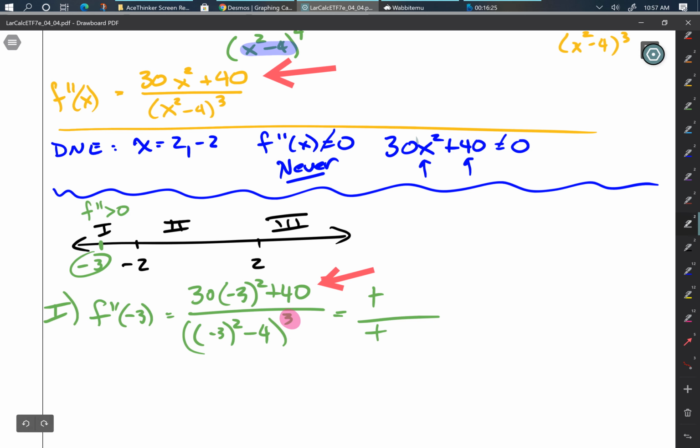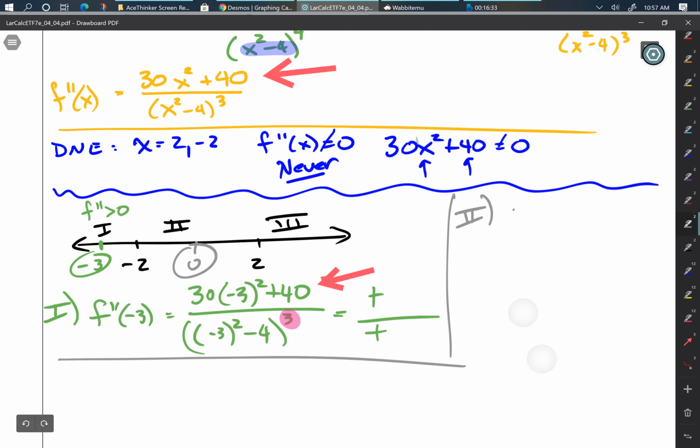Now we'll check interval number 2. I'm going to use 0 because why not? What is f double prime of 0? Well, I know it's going to be positive over something. Downstairs is going to be 0 squared minus 4 cubed. That's negative downstairs, so it's a positive divided by a negative, which means on the second interval, our second derivative is negative.